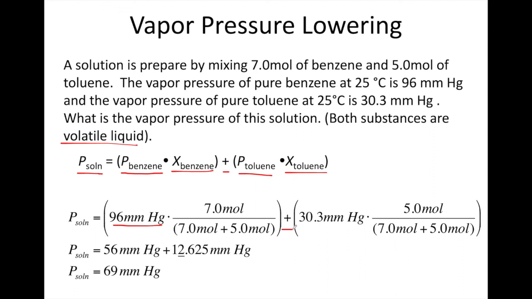We're going to add to that the vapor pressure of pure toluene times the mole fraction of toluene, again with the moles of toluene on top divided by our total moles. So we plug the numbers in, and we solve. We should get 69 millimeters of mercury as our final answer. So be sure that you can solve problems involving vapor pressure where we have non-volatile and volatile solutes.